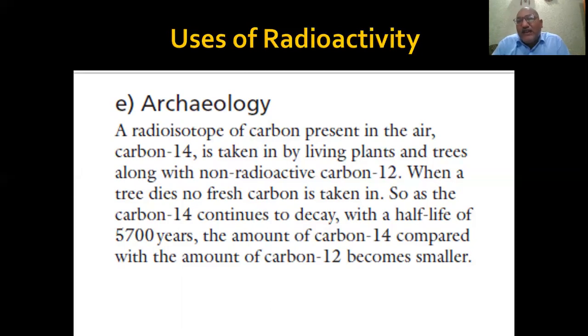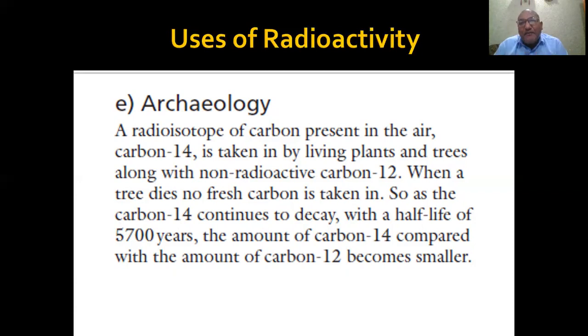It's a radioactive isotope of carbon. It gives out radiation. Till the point the thing is living, it continues absorbing carbon. Once it dies, it no more absorbs carbon from the atmosphere. Then the carbon 14, which is already absorbed in the body, starts decaying.